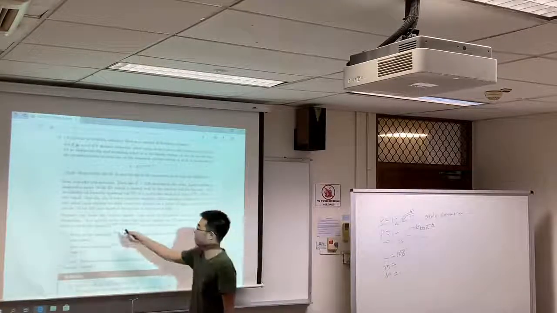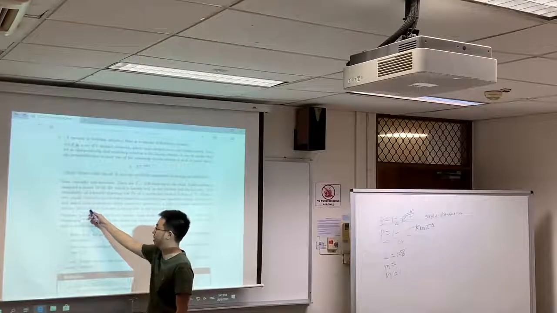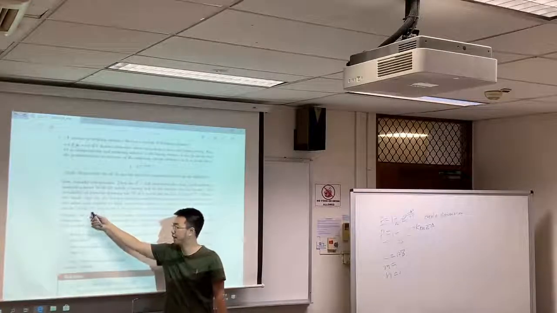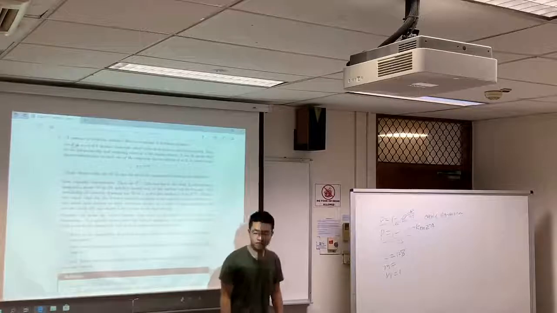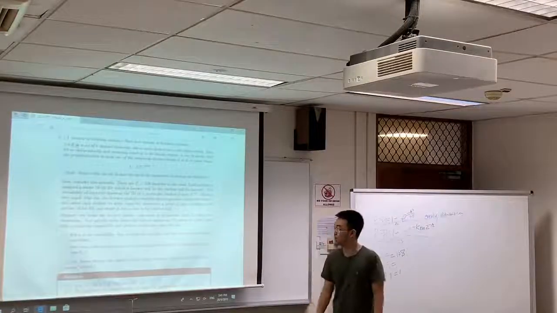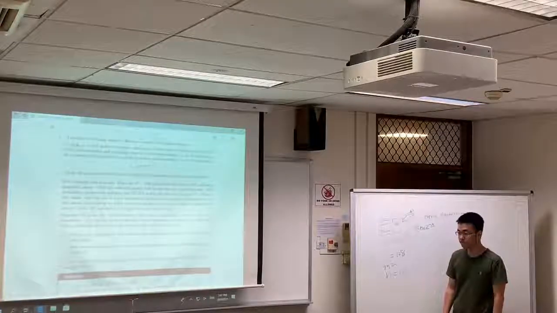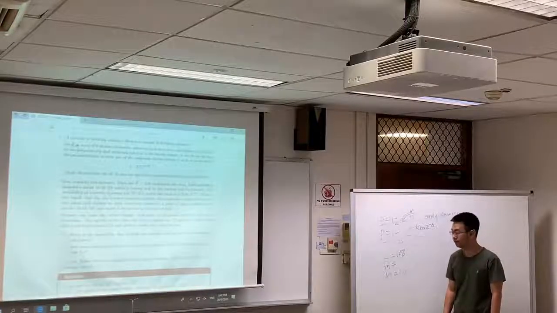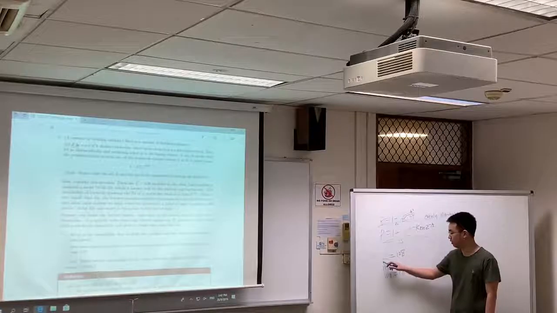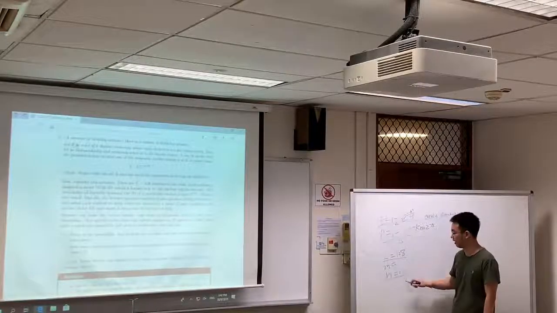Because each message will include a student ID, and each student ID includes a 16-bit sequence, right? So N equals 16. Okay. So now we know the K and the N here.